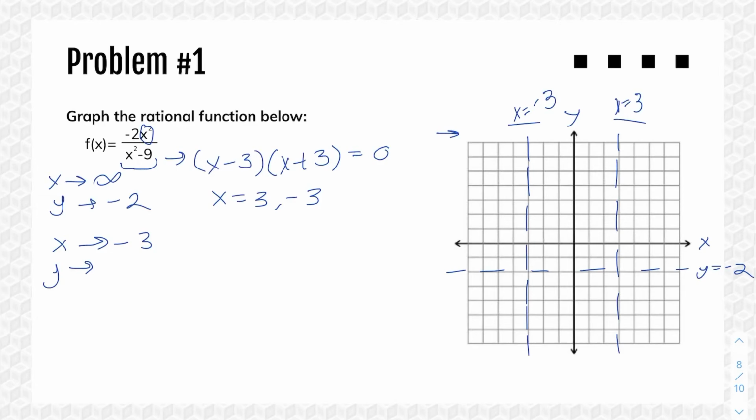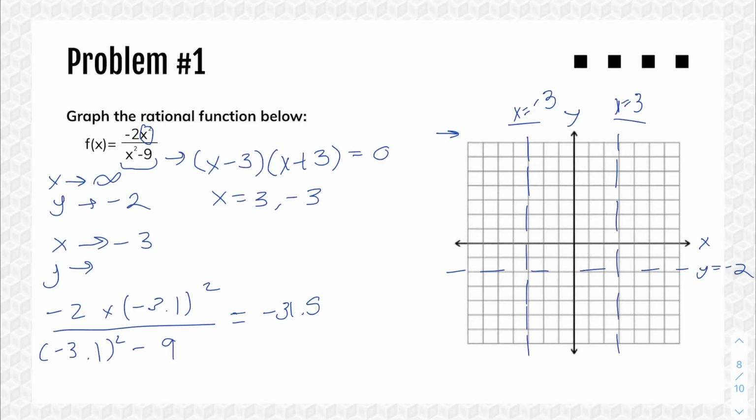We could do this by using values on the left side of -3, which approaches this line. Values like -3.1. So if we input -3.1 into our equation, we will get y is equal to -31.5.